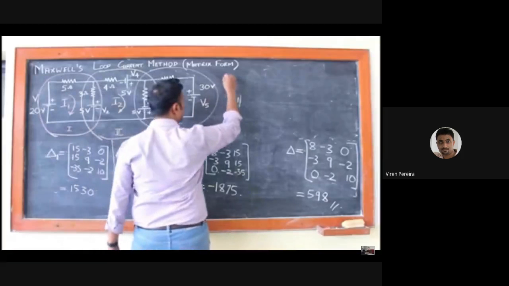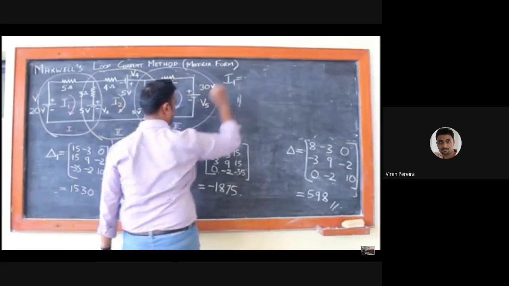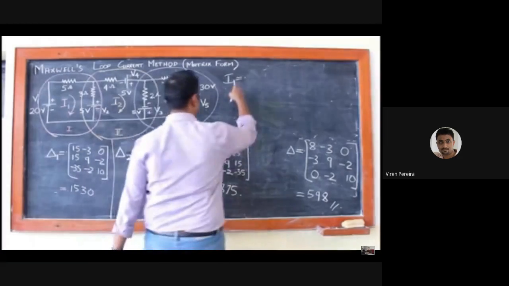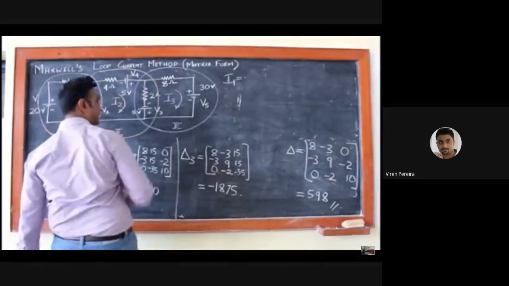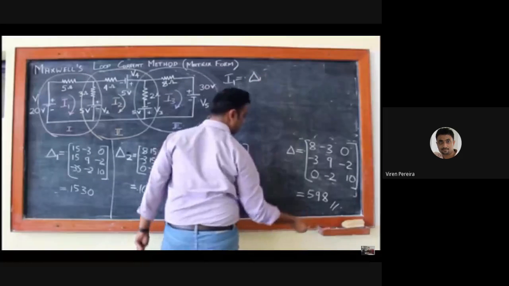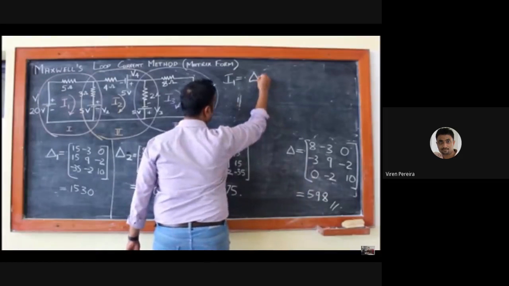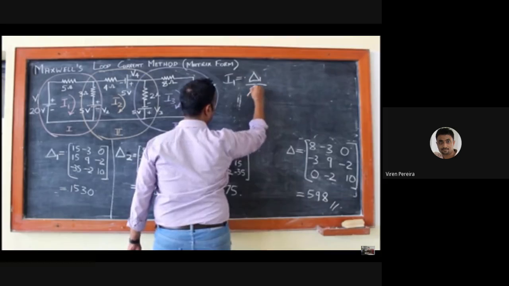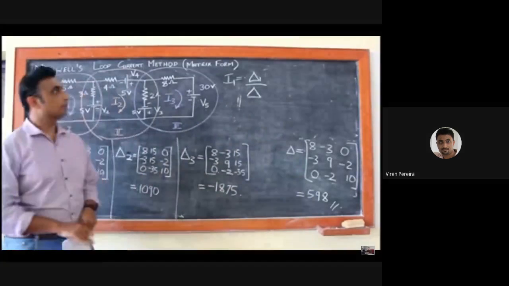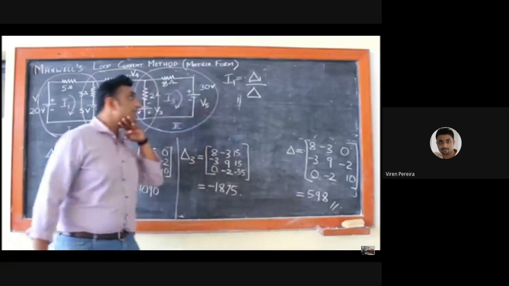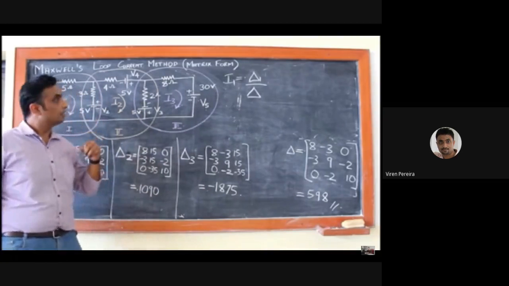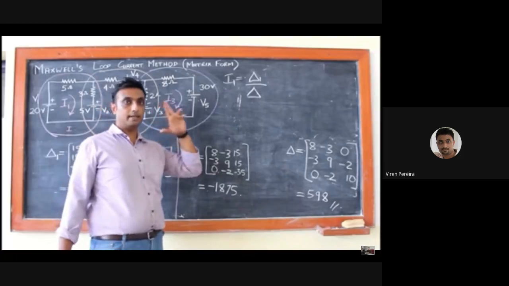So my I1 value will be equal to delta 1 divided by delta, since I1 is correlated with delta 1. Now this is also similar to Ohm's law. If in case in the exam time you tend to forget, you can always keep this theory in mind.